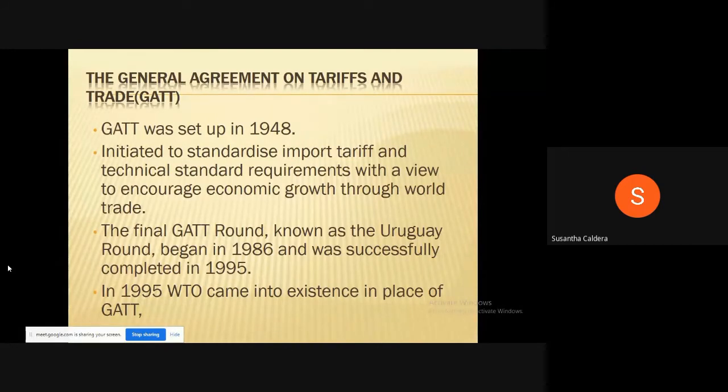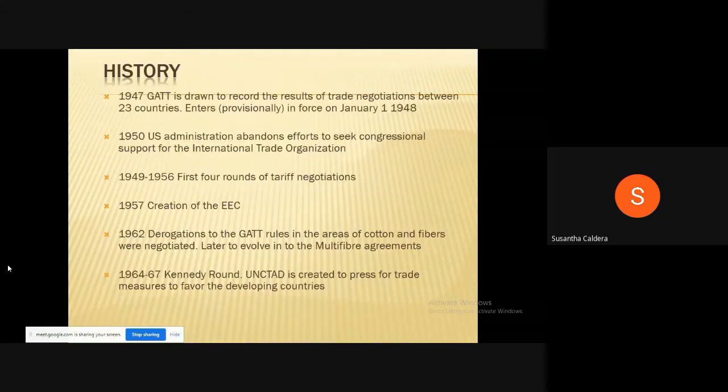And a new organization was born, that is WTO, World Trade Organization, right? GATT මැරිලා වැළලුවට පස්සේ ඒ වලෙන් පැන නැගිච්ච එක තමයි WTO, World Trade Organization, right?